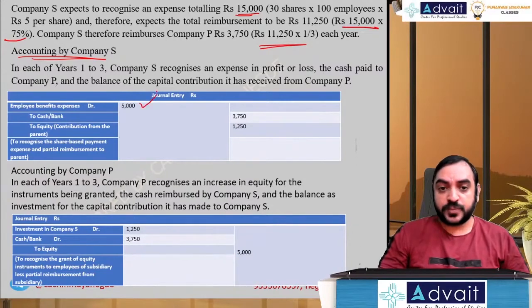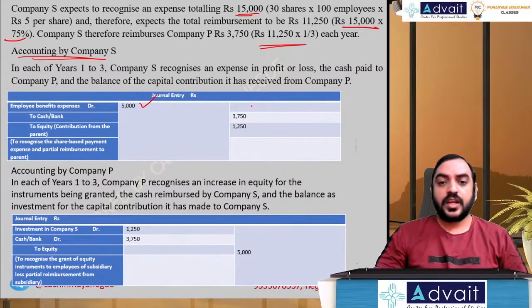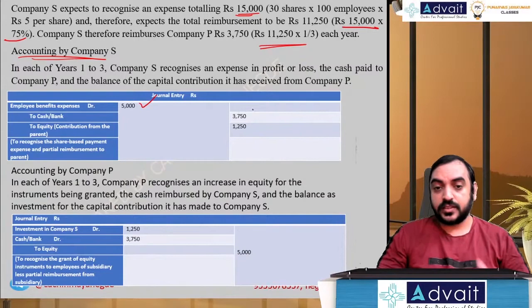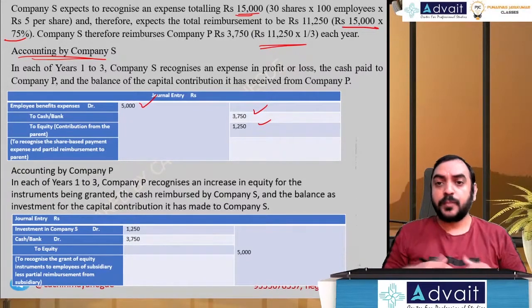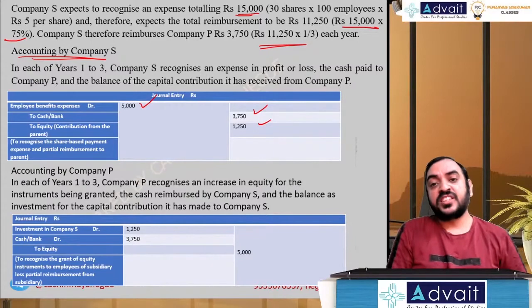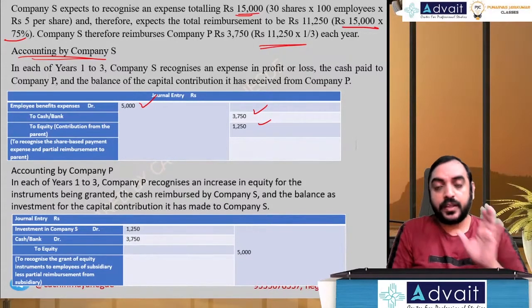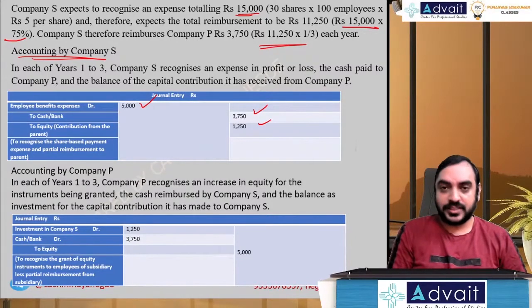So employee benefit expense 5,000, of which 75%, that is 3,750, is going to be paid, reimbursed, and the balance is not reimbursed. That is like a benefit received but no expense payable.